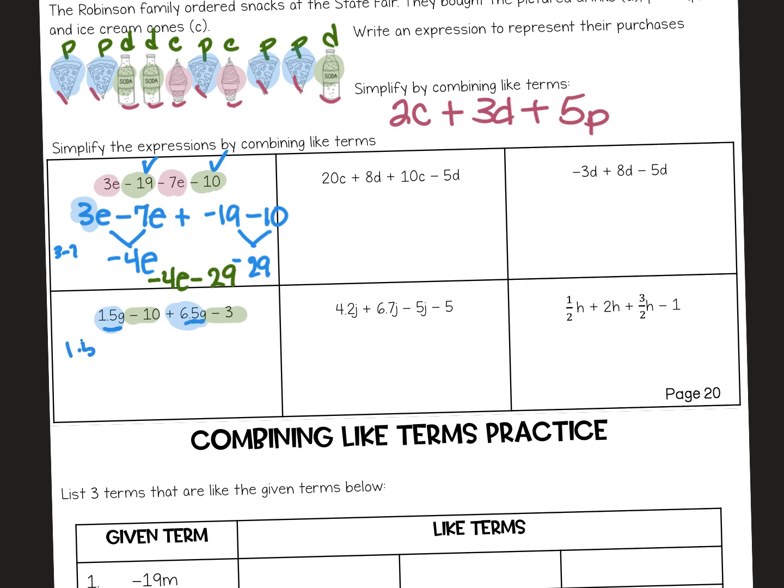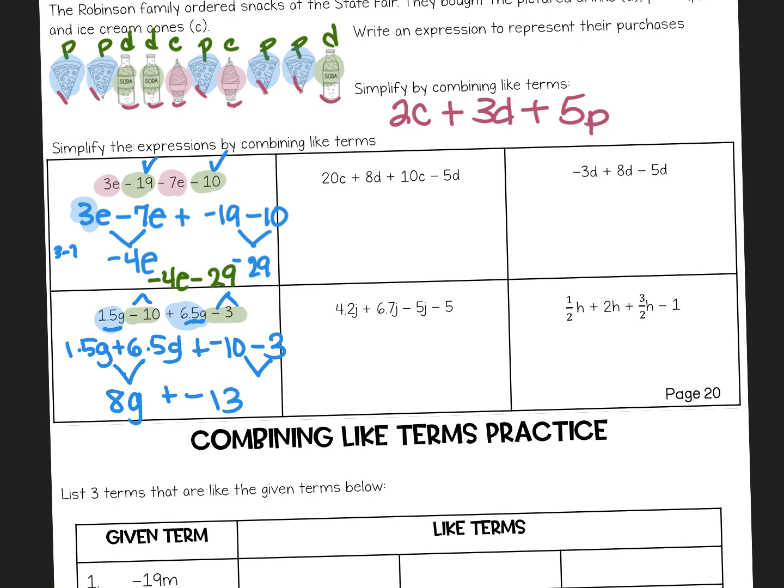So I have 1.5G plus 6.5G, and 1.5 plus 6.5 is 8G. And I have negative 10 and negative 3. Negative 10 minus 3 is going to give me a negative 13.